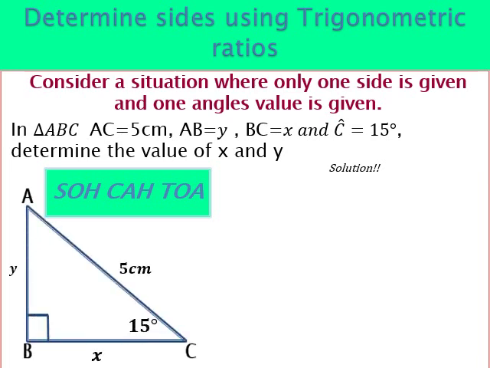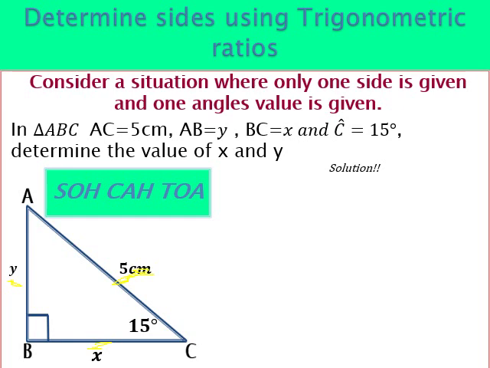Now in that triangle ABC, we were told that AC is equal to 5 centimeters, and that AB is equal to y, and that BC is equal to x. Now let's try to solve.